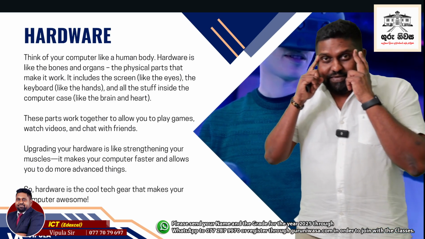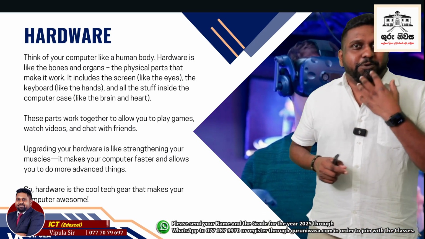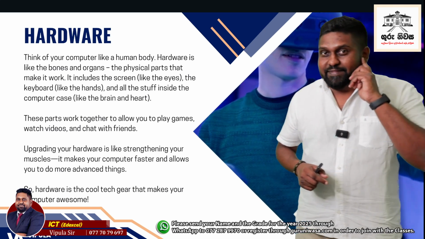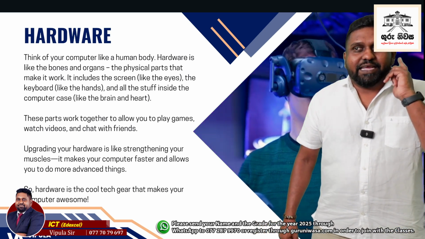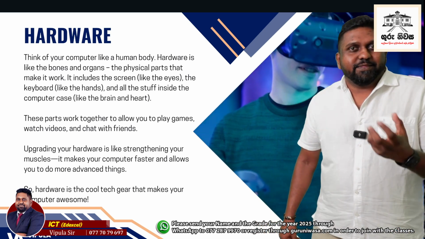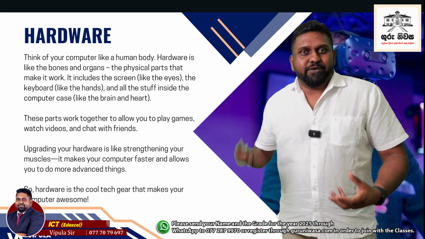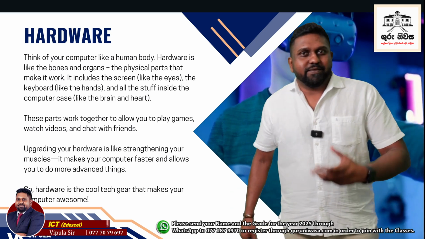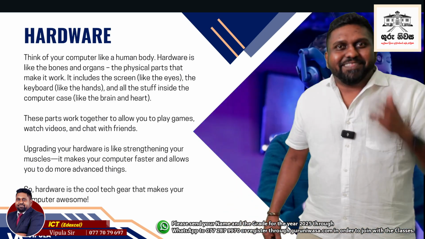So you need your eyes to see, you need your voice or your mouth to talk, you need your ears to hear. And when somebody tells you something, or when something happens, or in order to move your hands and walk and do whatever activities you want to do, you need a processing unit, right?